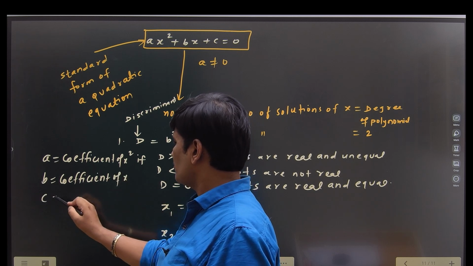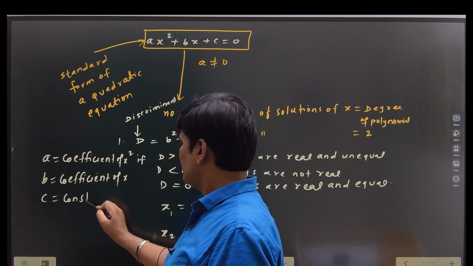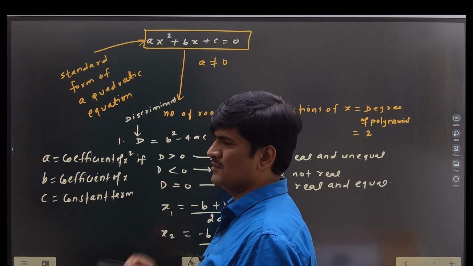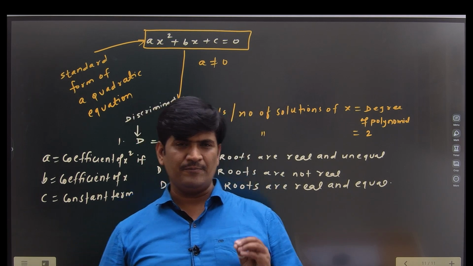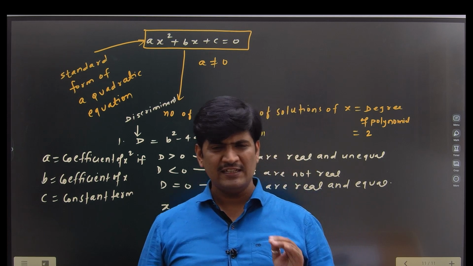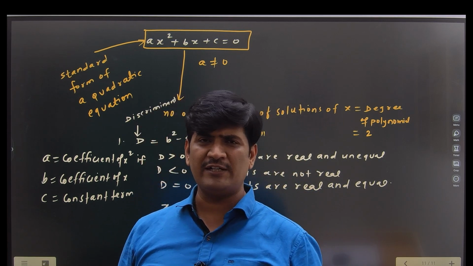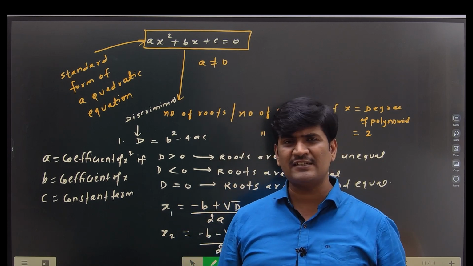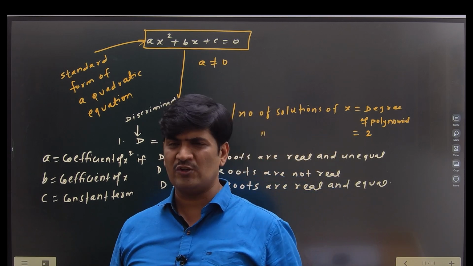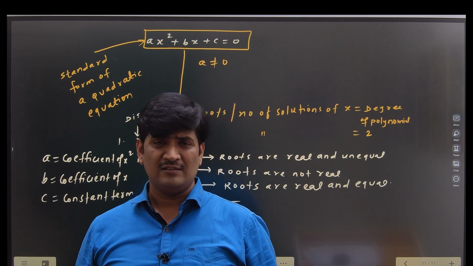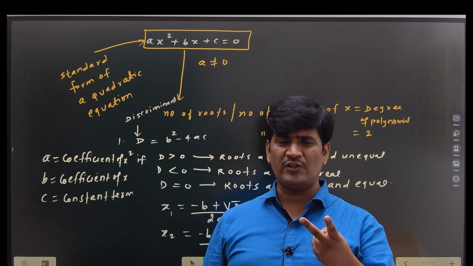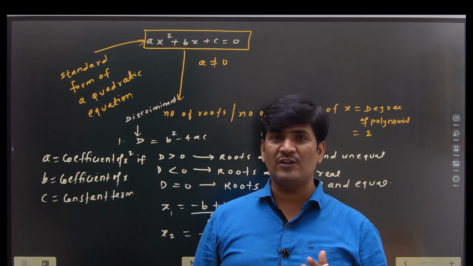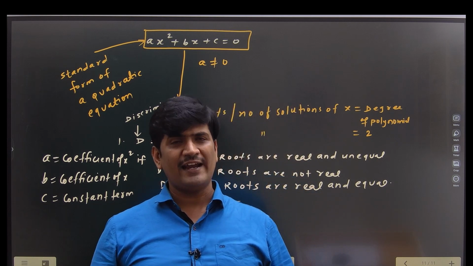C means constant. So just find b square minus 4ac. If the value of D is greater than 0, it means roots are real and unequal. If D is lesser than 0, roots are imaginary, not equal to 0. If D is equal to 0, roots are real and equal.